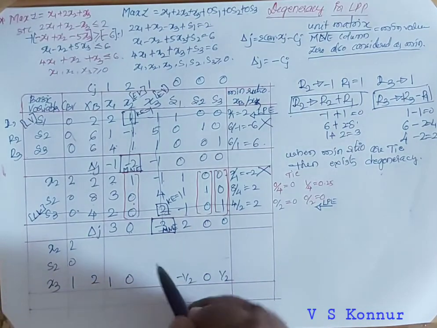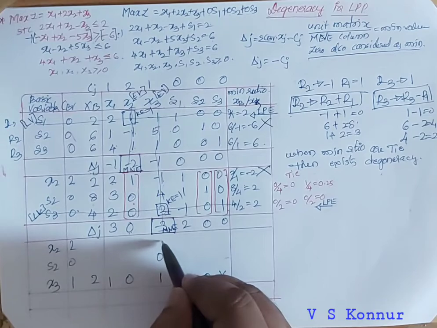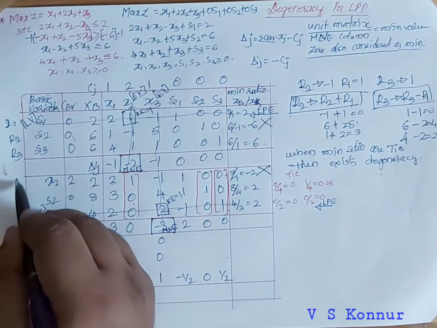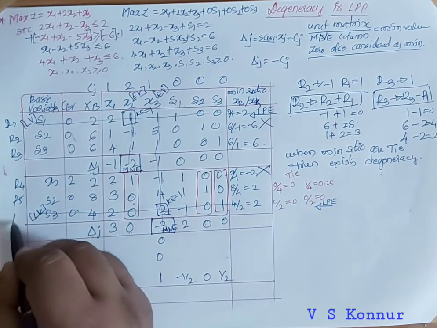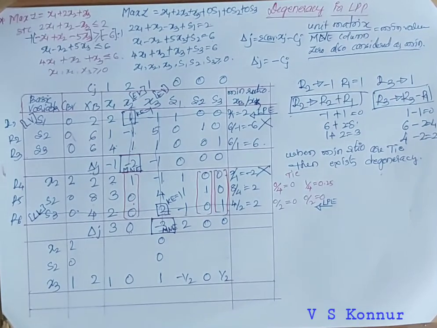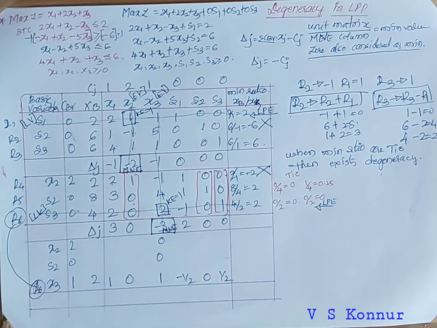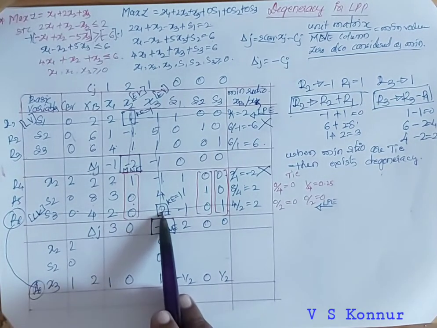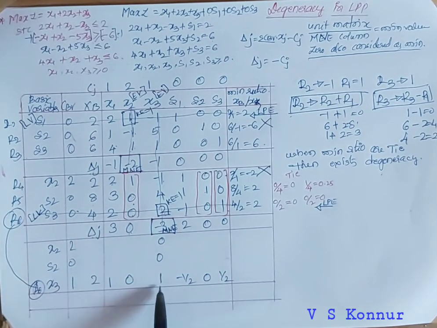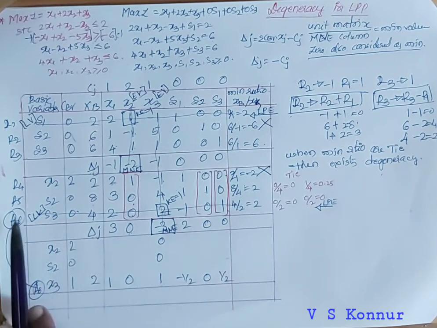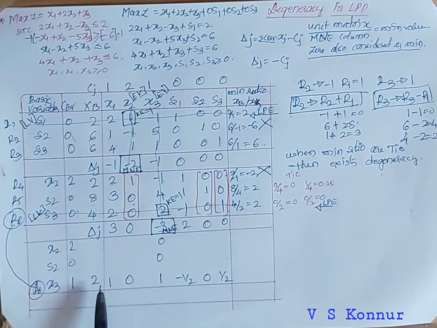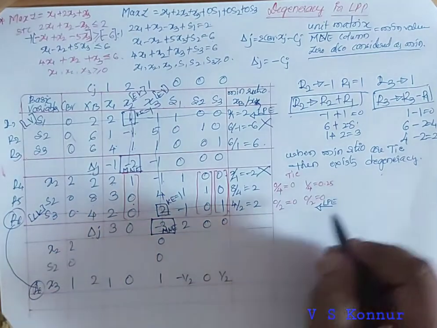Now to make the other two elements 0, we should write the equations R4, R5, R6. Now R5 and R6 have been changed here. R6 has been changed because the key element was not equal to 1. That key element has been made equal to 1, so this will be considered as R6 instead of this row. Now for R4 and R5 we should write the equation.